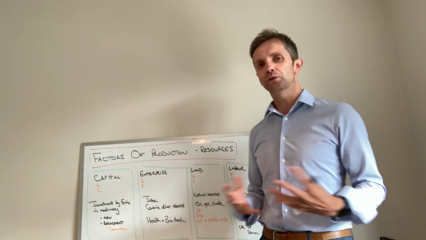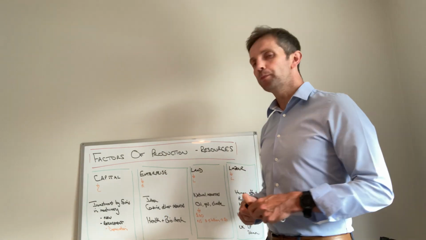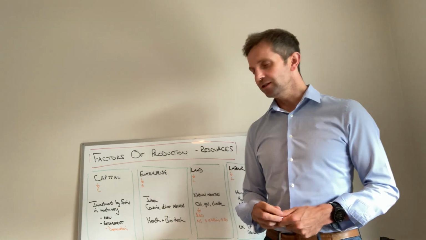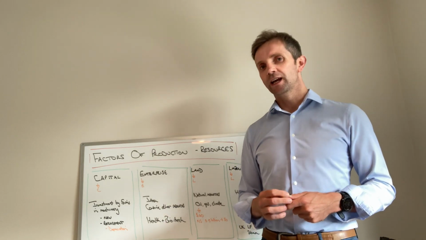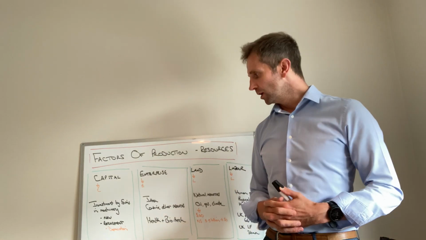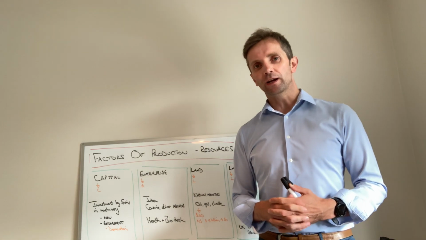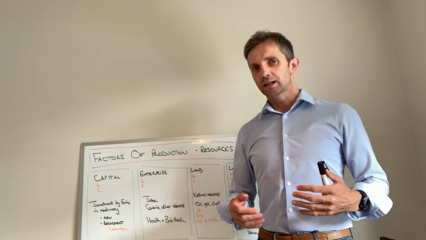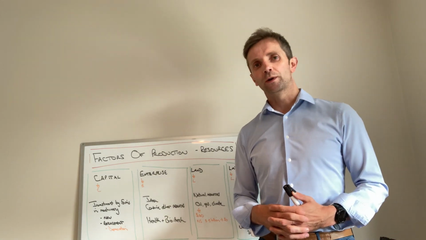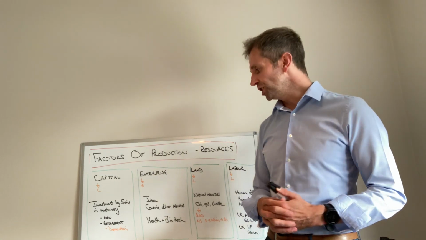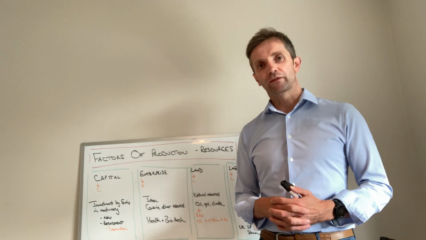So capital, what do we mean by capital? It's important from the very outset not to mistake capital in this sense for finance and money. What we mean here is investment by firms in capital goods, capital equipment, or as you might more commonly know it, machinery. Now, why might firms do that?